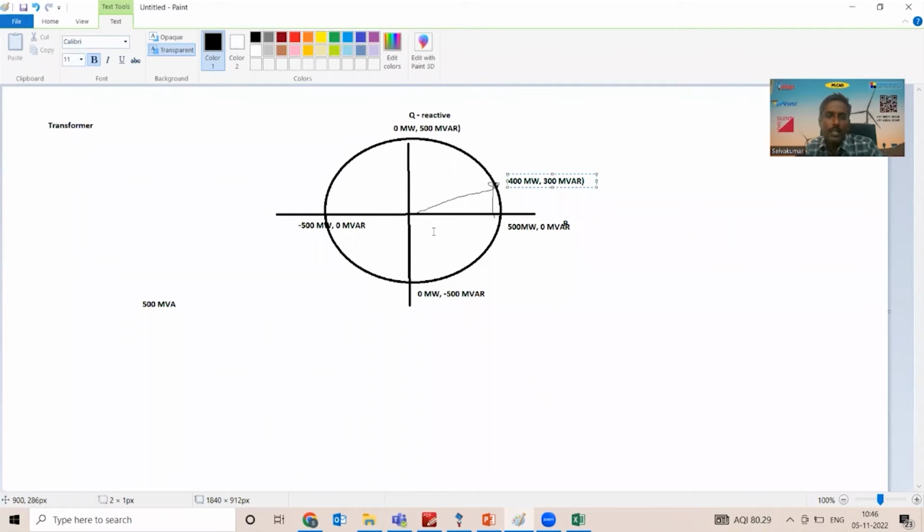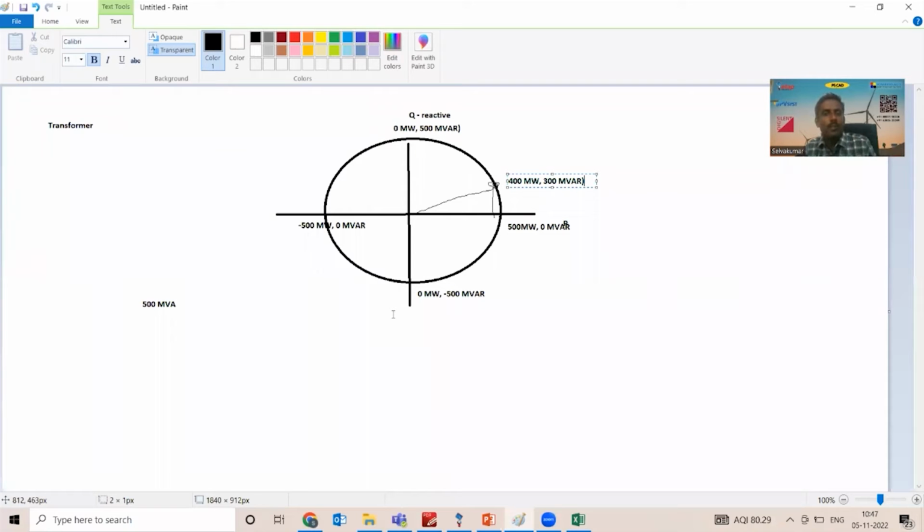Obviously, you can go anywhere inside the circle, and you can go up to the maximum operating point anywhere on the outer line of the circle also. So P does not have an independent constraint, and Q does not have an independent constraint.